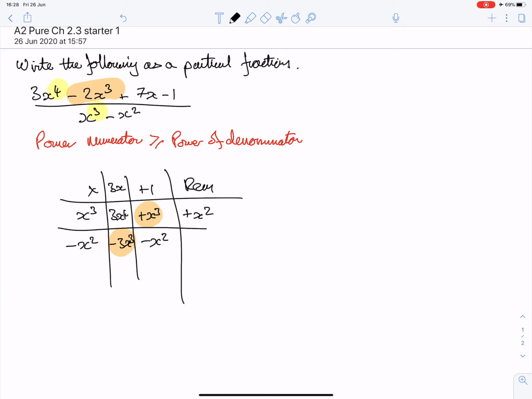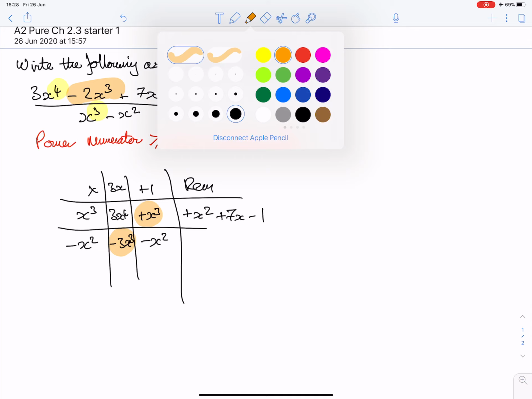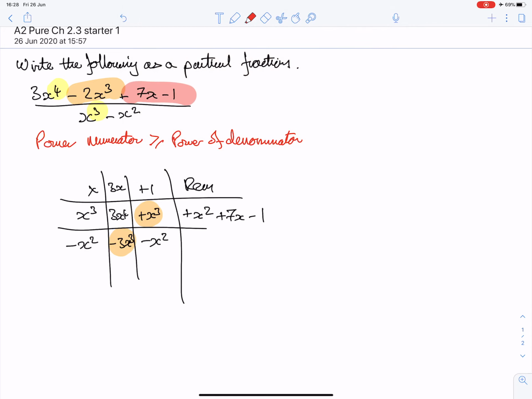We've got x squared, and we've also not used plus 7x minus 1 from here. So this is identical to 3x plus 1 from the division, and our remainder, x squared plus 7x minus 1, still needs to be divided by x cubed minus x squared.